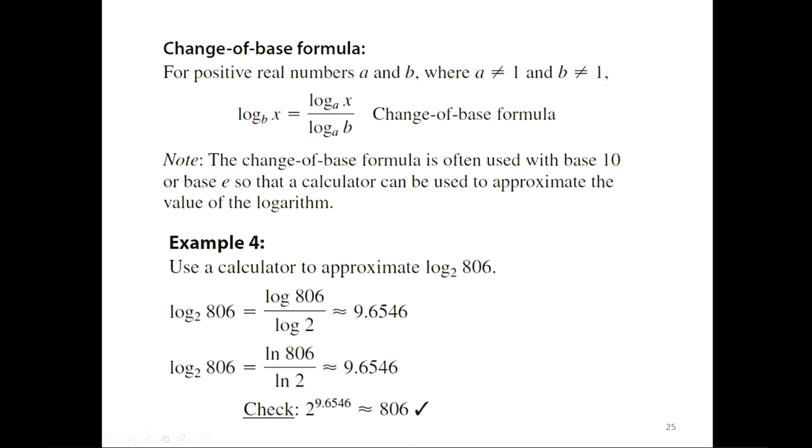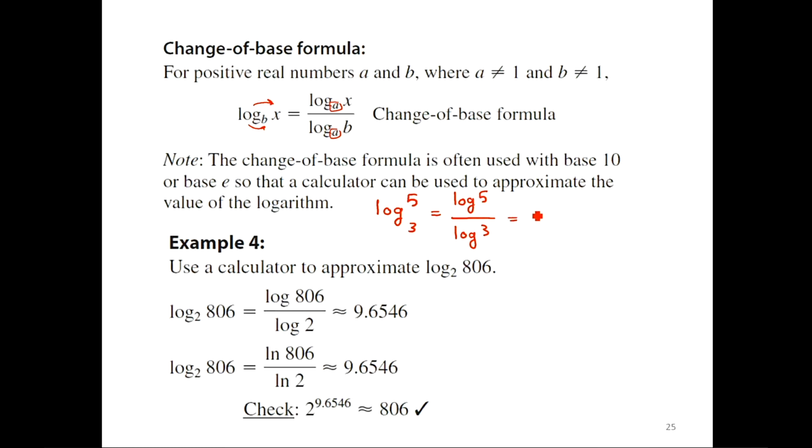Now, if we need to change the base, we can put it log x and log b with a new base. So, for example, logarithm 5 to base 3. We can write this as log 5 to base 10 over log 3 to base 10.